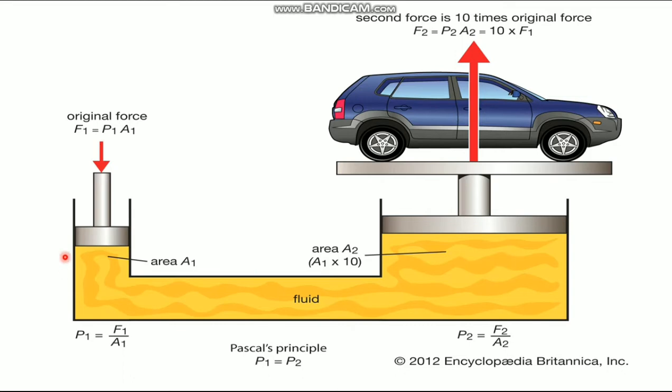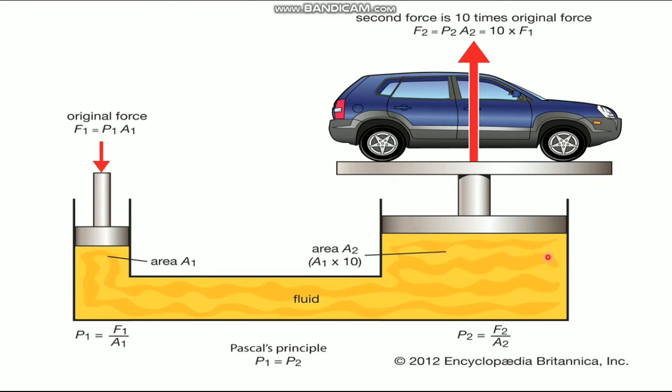If you give some force in the small cylinder through a piston, a pressure will be created at the bottom of the piston. That pressure will be available in all the particles of the fluid.